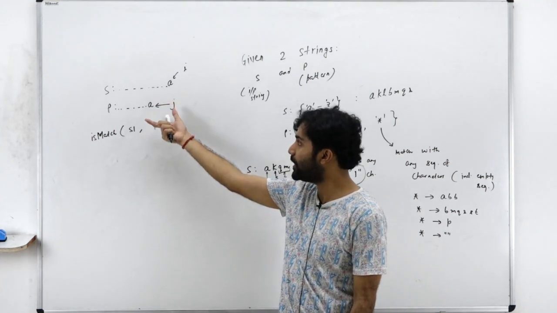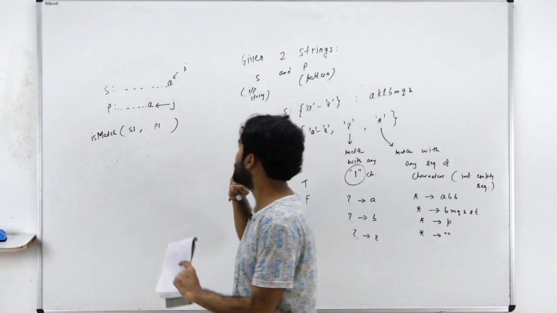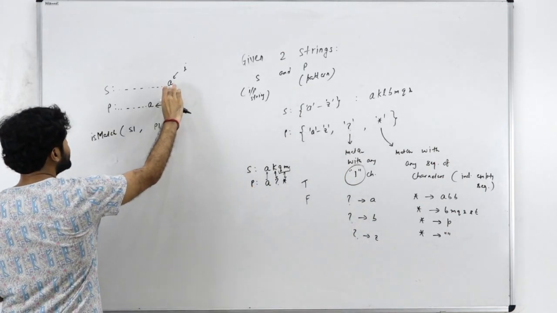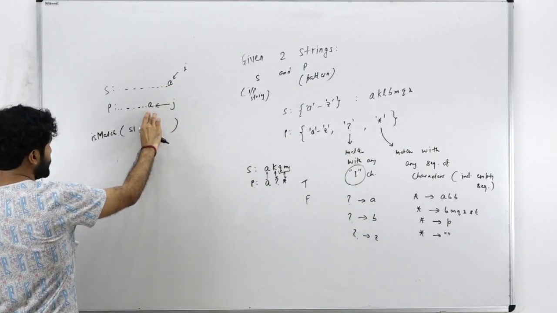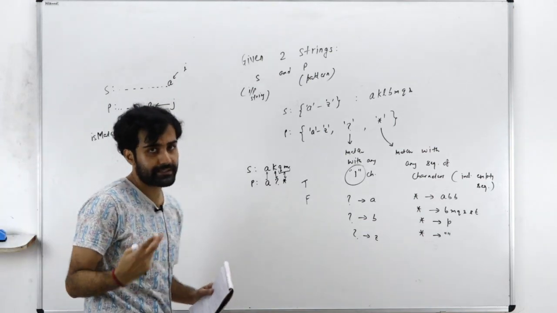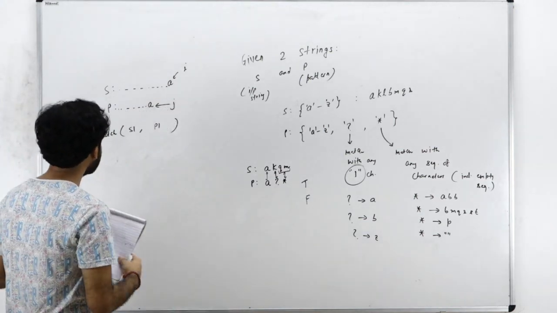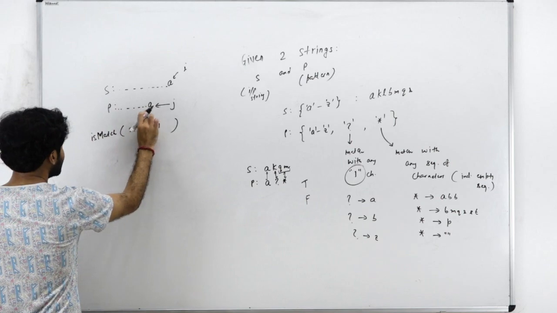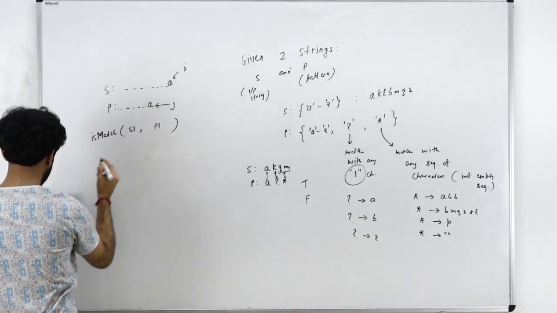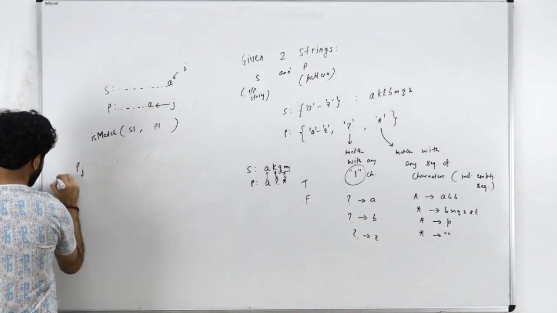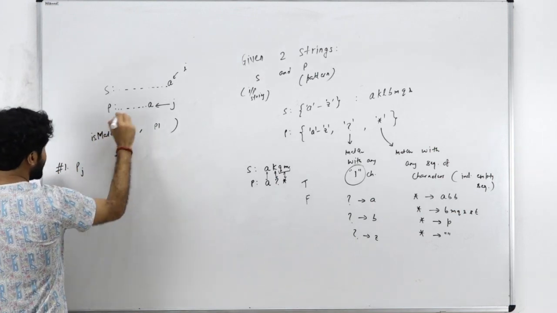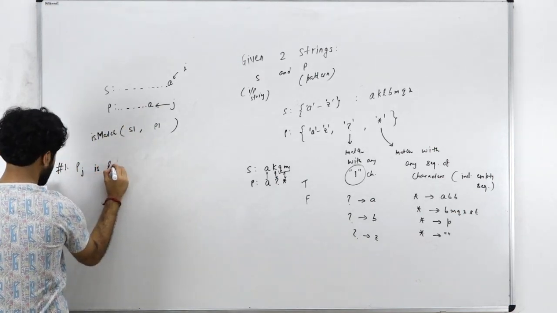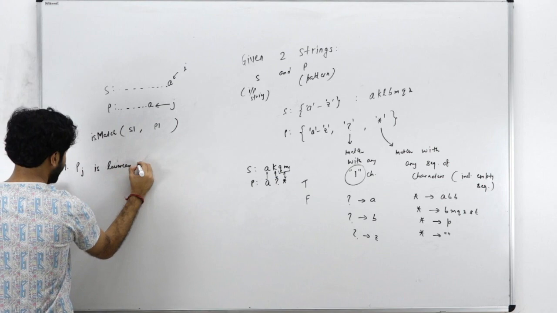Because if you take a look over here, what is happening? If you are at the ith character over here and the jth character over here, many different things can happen. First thing that can happen is that this jth character is a lowercase alphabet. So let's say I'm considering this case 1 where PJ is a lowercase alphabet.